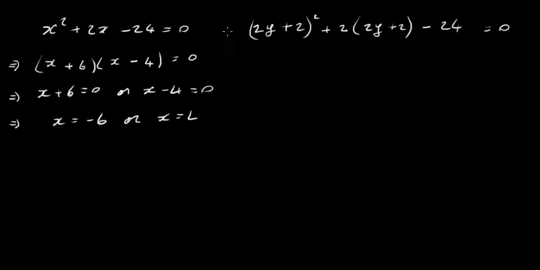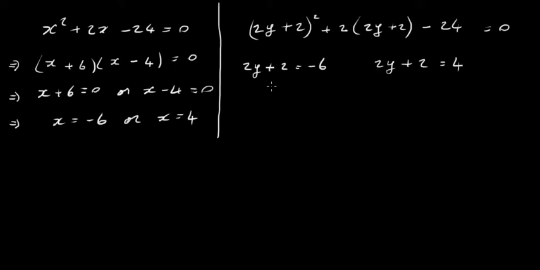So all you've got to do now is, we've replaced the x here with 2y plus 2. We've solved for x over here. So that means my 2y plus 2 is equal to minus 6, or we have 2y plus 2 equal to 4 here.